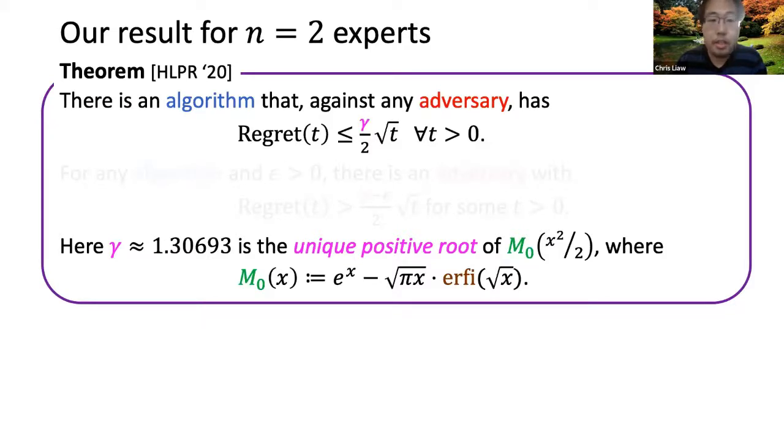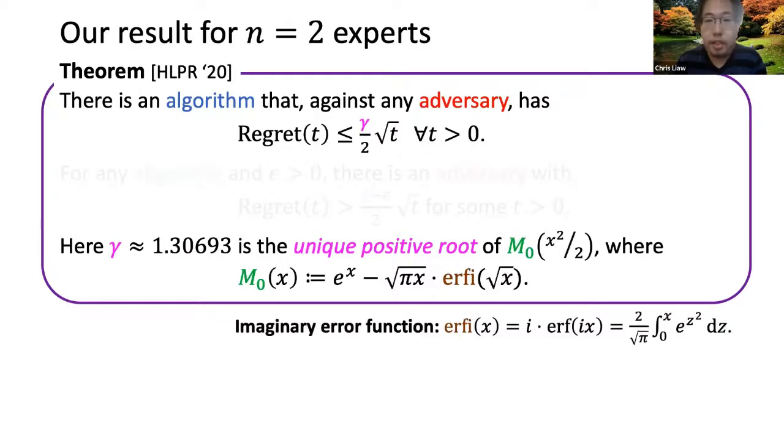So what exactly is this gamma? So gamma is defined in a somewhat strange way. It's defined as the unique positive root of the function m0 of x squared over 2, where m0 of x is also defined in a somewhat strange way. M0 of x is defined as e to the x minus square root pi x times phi of square root x. Okay, and here phi is the imaginary error function.